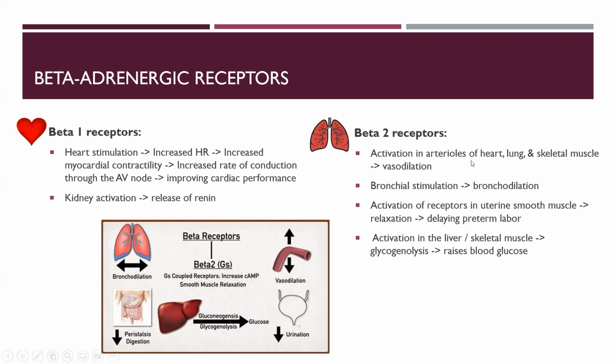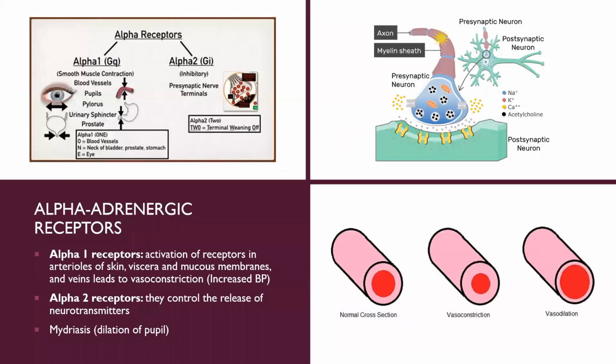And all these little reactions here, when we actually look at the medications, you just want to remember what each of these receptors do. Because if you remember what each of these receptors do, then you will remember what the medication does, whether it's an agonist or an antagonist. So before we continue on to our other dopaminergic receptors, do we have any questions about our beta or our alpha receptors?